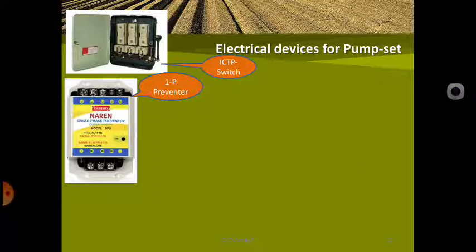That means instead of RYB, from the substation itself, only the R phase line is given, and the Y and B lines are opened using isolators. So the 3-phase motor connected to these lines tries to run, but it is only single phase.